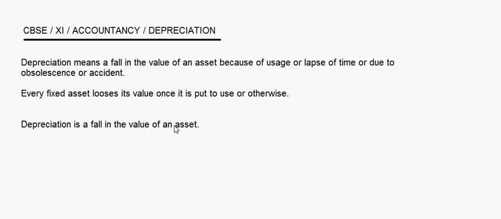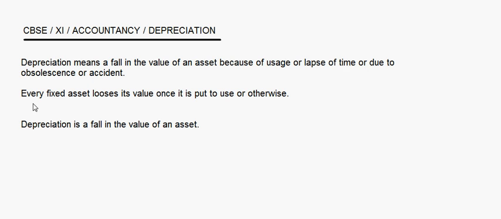Depreciation means a fall in the value of an asset because of usage of the asset, or due to lapse of time, or due to obsolescence of the asset, or an accident. Depreciation is basically given for all the fixed assets.